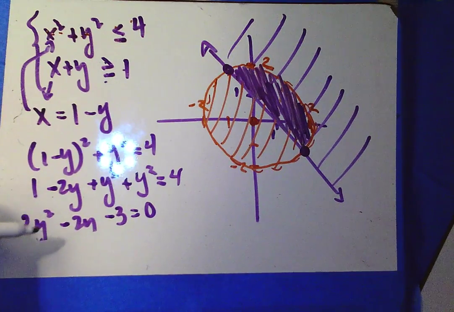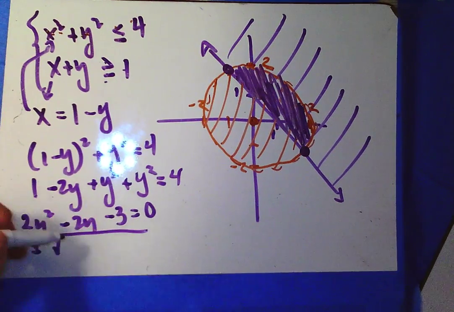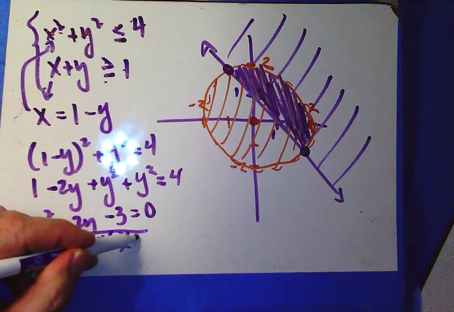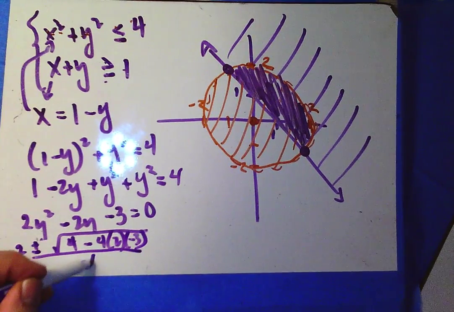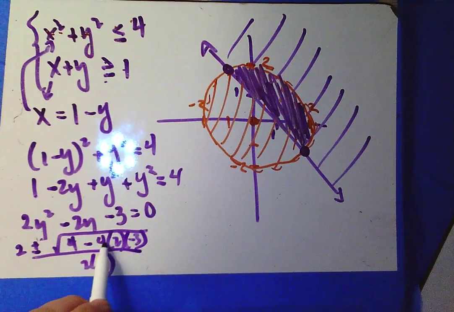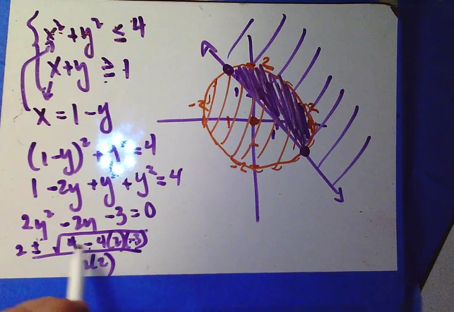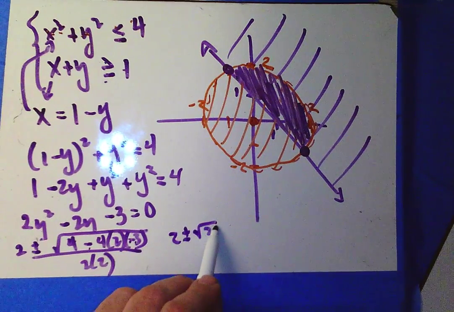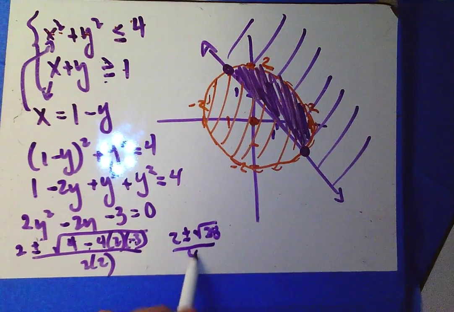I'm going to get, let's see, 2 plus and minus square root of 4 minus 4 times 2 times negative 3, all over 2 times 2. That's 8 times 3 is 24. Negative times negative is positive, so I get 28. 2 plus and minus square root of 28 over 4.